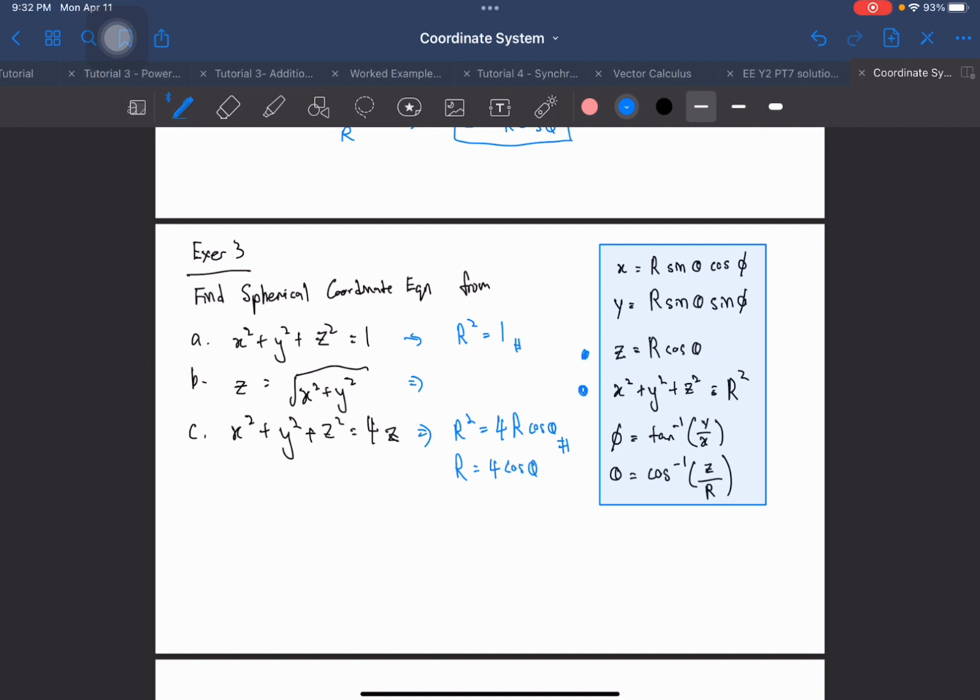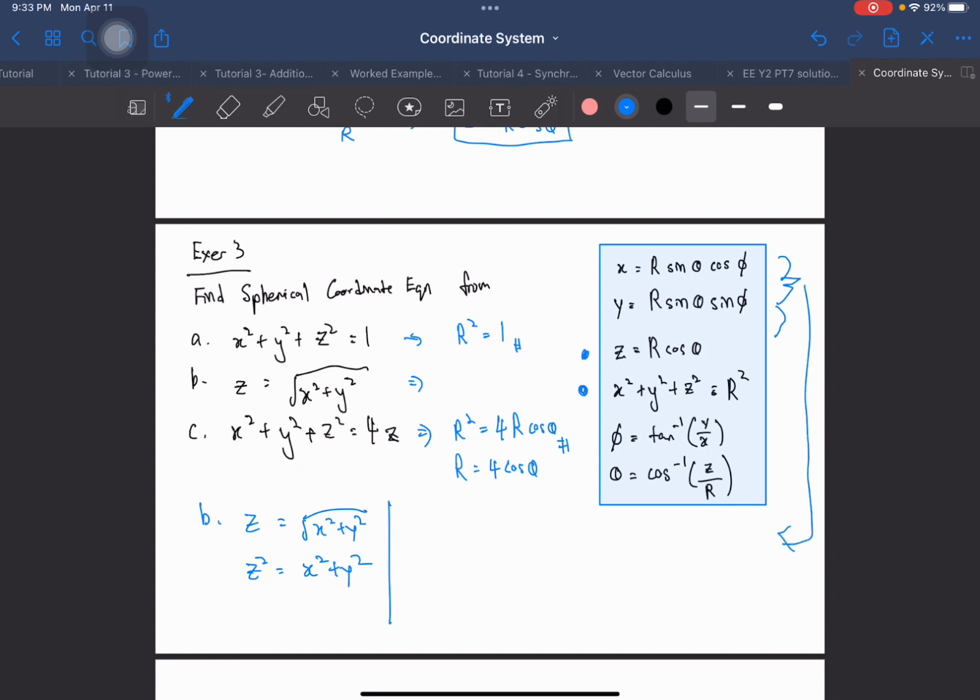Okay, so now let's move on to the second question. You've got the square root, can you move it to the other side? I'm pretty sure you can do it. Now you've got this, and what's next? You just sub these two equations and this equation into here.